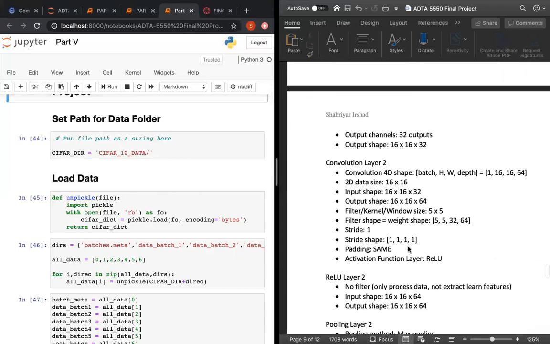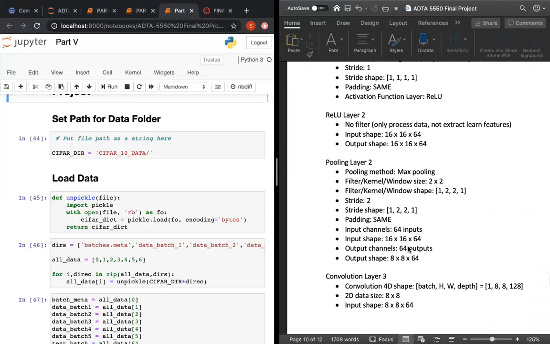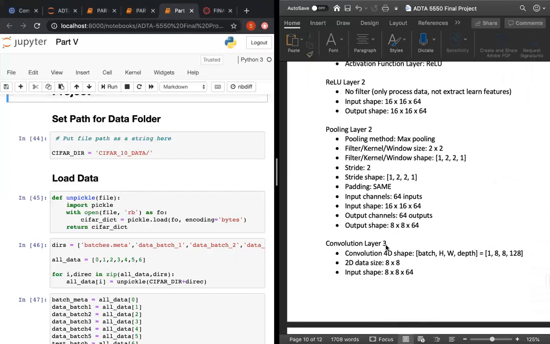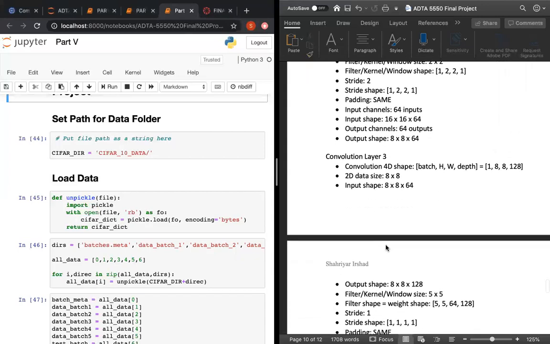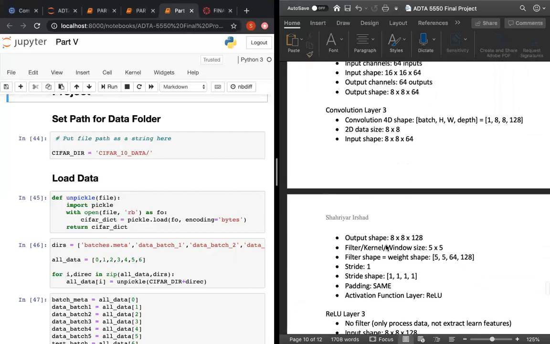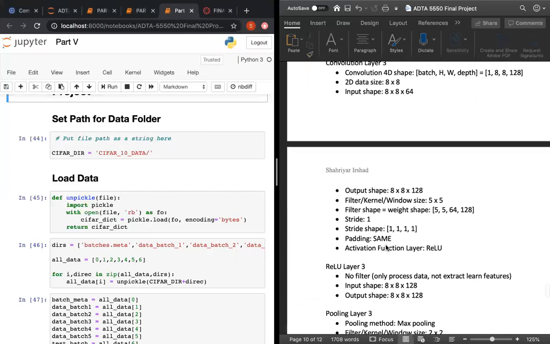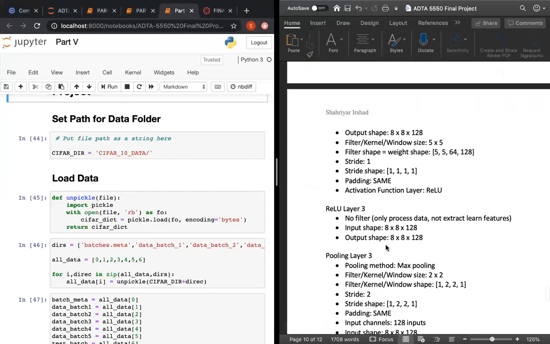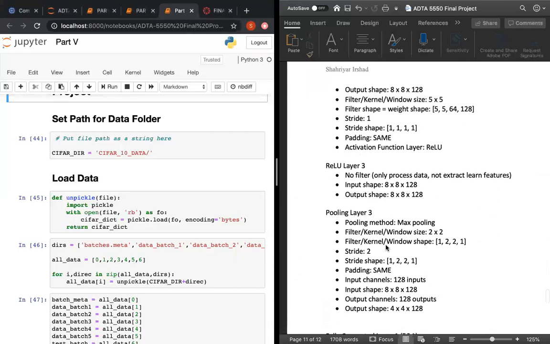The difference is the extra convolution layer, and hence when the data goes into the convolution layer 3 and comes out of the pooling layer 3, now the output shape is 4 by 4 by 128 as compared to 8 by 8 by 64, which was before in part 3.